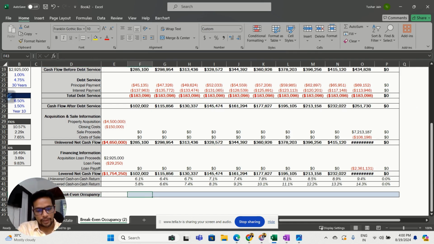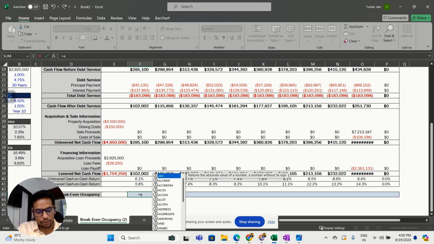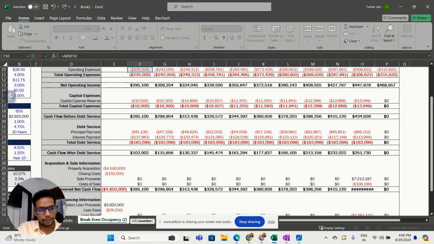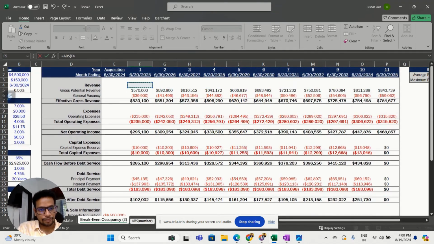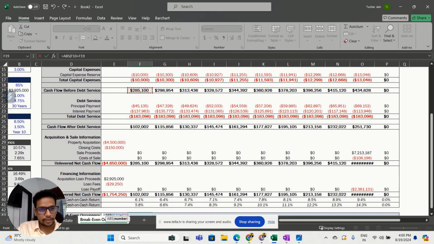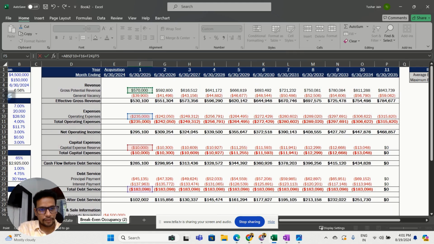To calculate it, we can use the ABS formula, as we have to take the expenses, which are negative. So we will take the absolute of operating expenses, then add our capital expense reserves, and then add our debt-related expenses. We will divide it by our gross potential revenue, which is 570k in our case.